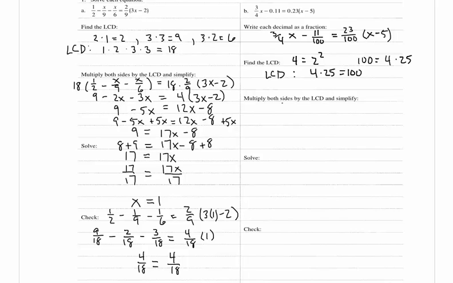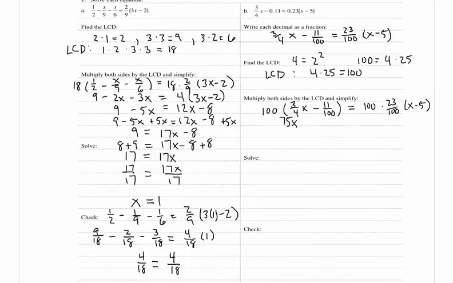And now we want to multiply both sides by the least common denominator and simplify. So we have 100 times 3 over 4x minus 11 over 100 is equal to 100 times 23 over 100 times x minus 5. 100 times 3/4 is equal to 75, so we have 75x.